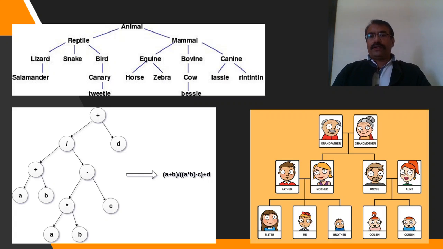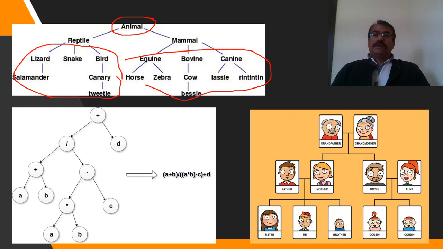Let us see what kind of data we can observe here. As I said in the example, animal kingdom. If I am representing an animal kingdom and I want to represent it and access it, animals are broadly categorized into two parts, reptile and mammal. These are the categories which fall under the reptile category, and these are the animals which fall under the mammal category.